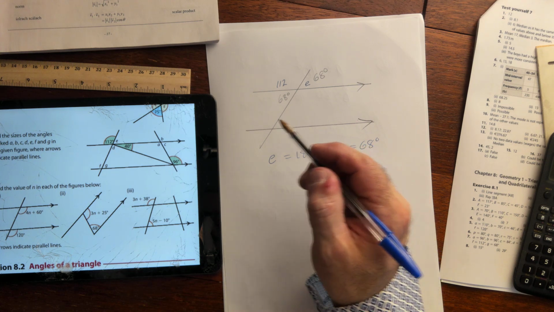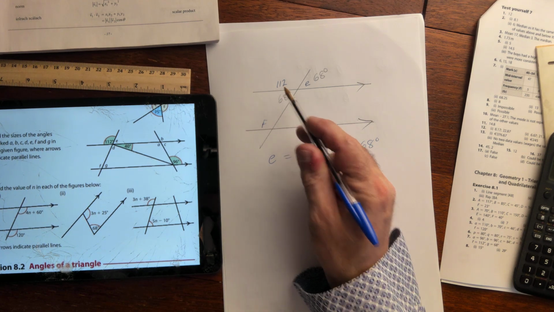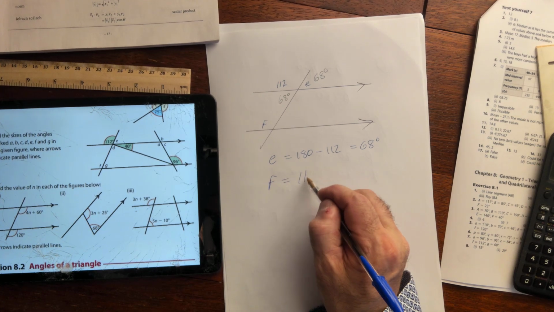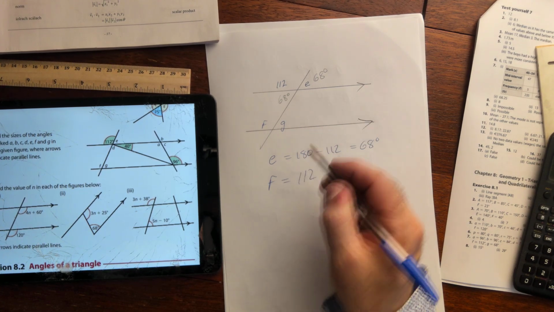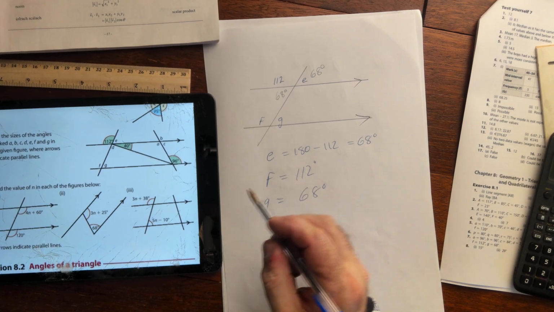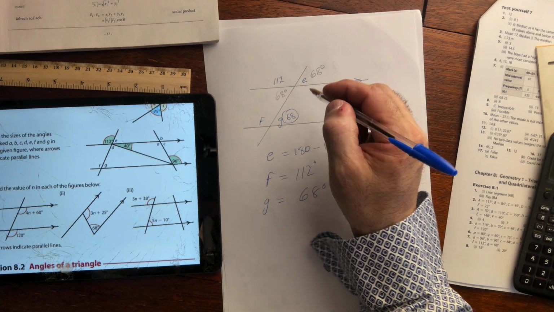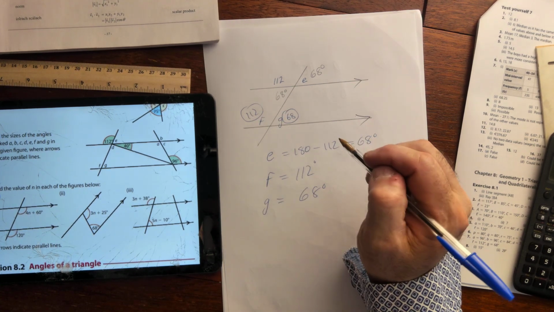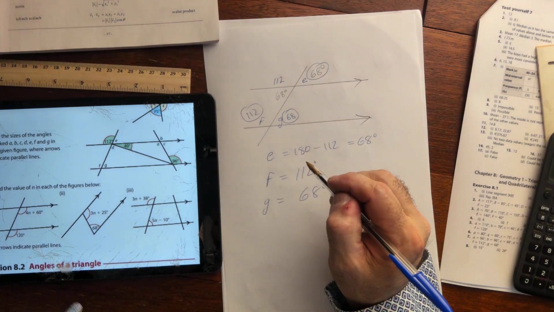Okay. And let's come down to F and G. So F corresponds with 112. G corresponds with 68. Let's put circles around everything we've calculated.